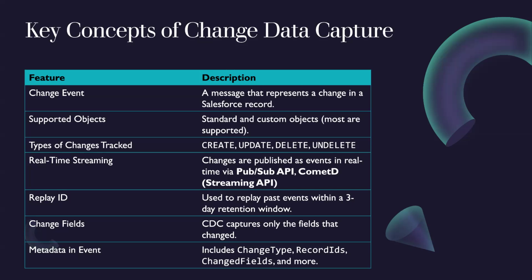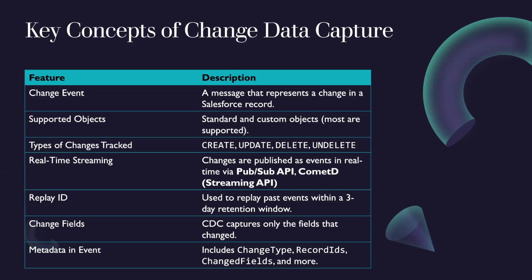Next is that CDC captures only the fields that were changed. So let's say you have 20 odd fields on your account, and you just modified the industry field and saved the record. Your change event will only capture the field which was changed, in this case industry. This is applicable only for updates.